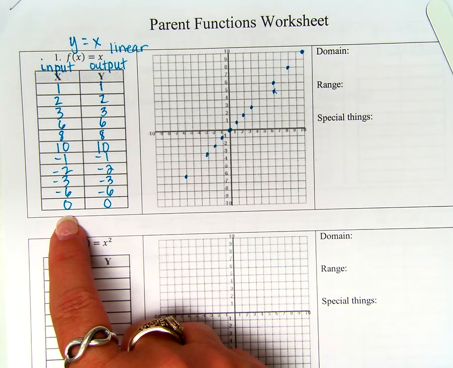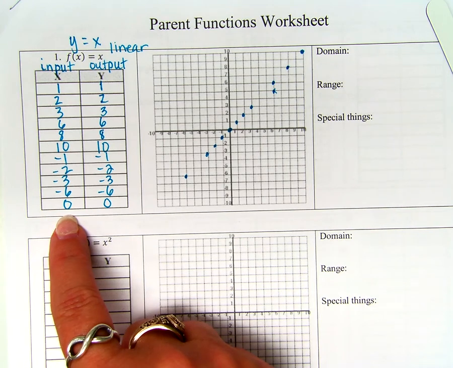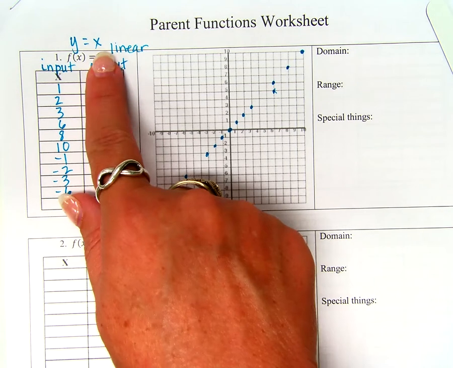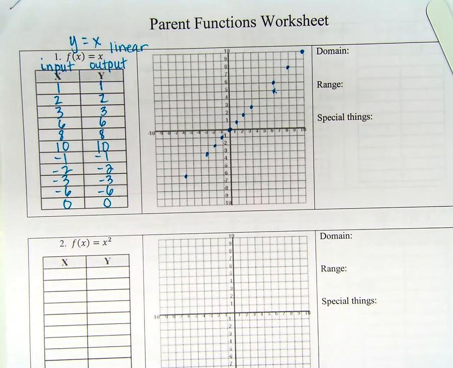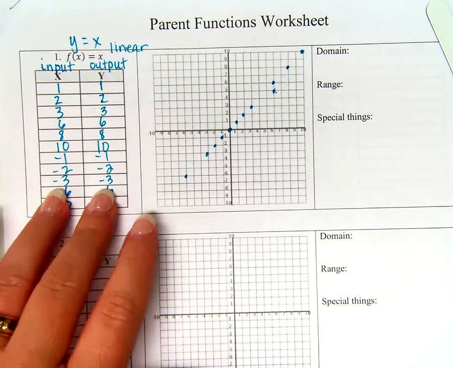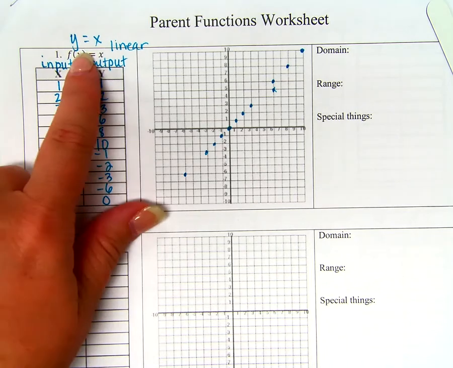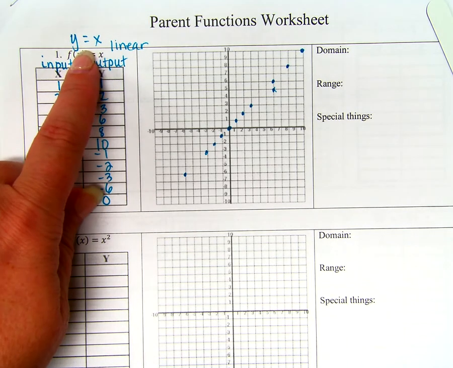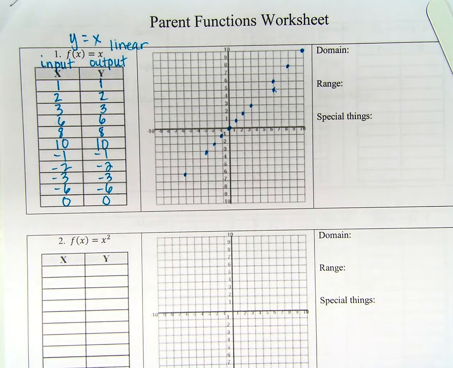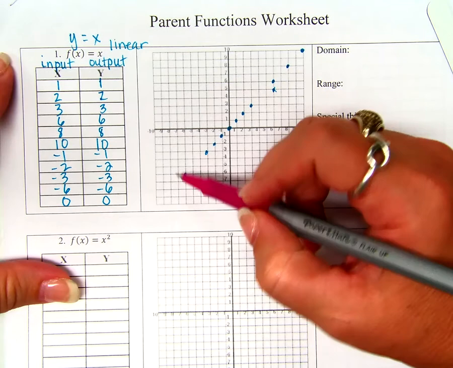Can you find a y value? 0.5, isn't it? What if I said x is 0.25? What's y? 0.25, right? So is it continuous or is it discrete? The table is discrete, I agree with you, but where did we get the table? From the equation, right? Because of that, it is continuous and we can connect them.